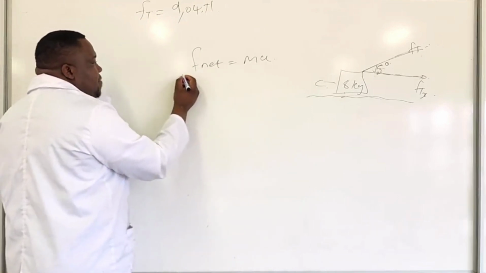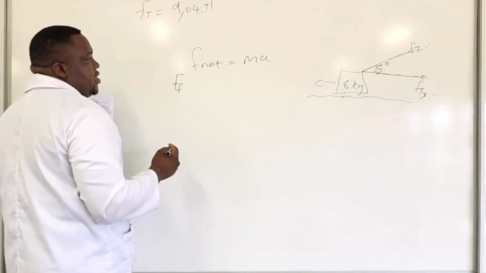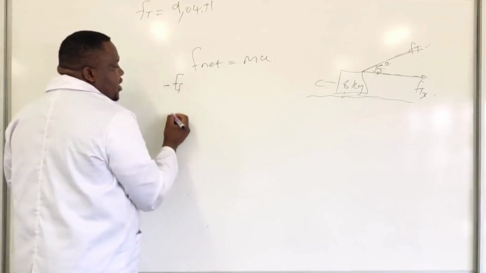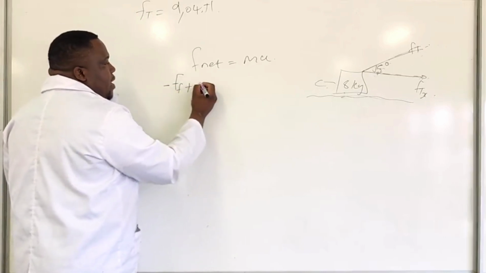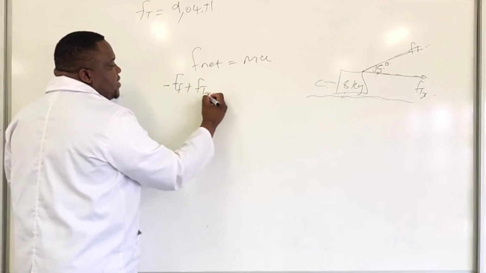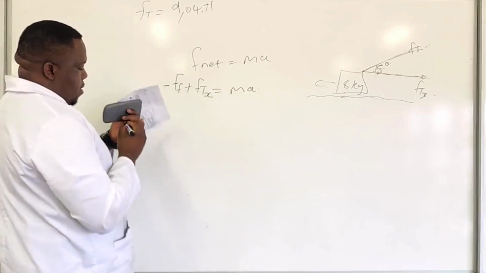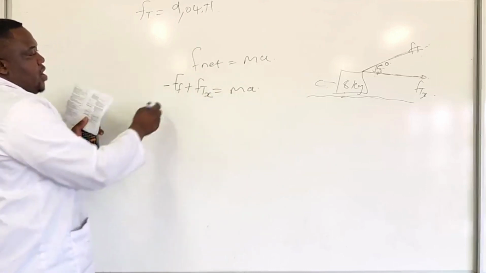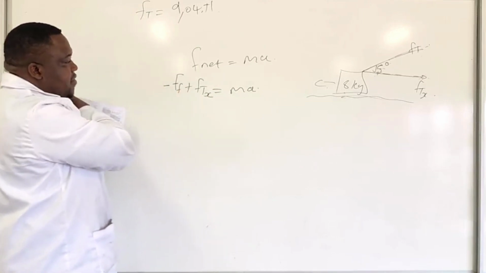So here we're going to have frictional force, which is negative. It is opposing tension. We're going to have minus Ff plus Ftx equals Ma. And we are calculating the frictional force. The question is requesting us to calculate the frictional force.